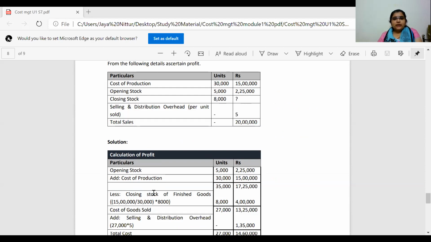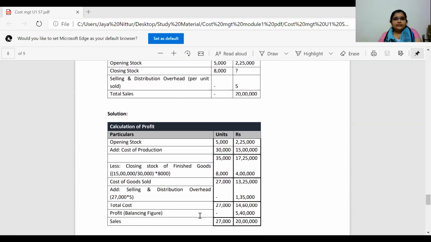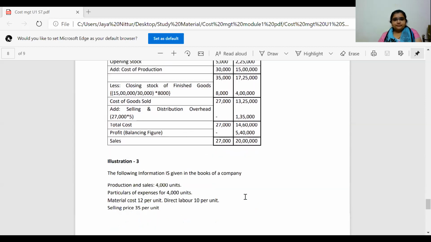To that we need to add the cost of production, 30,000 units, 15 lakh. Then we deduct the closing stock, 8,000. After that we add selling and distribution overhead. Then we get the total cost. The sales he has given is 20 lakhs. The difference between the total cost and the sales is considered the profit here.